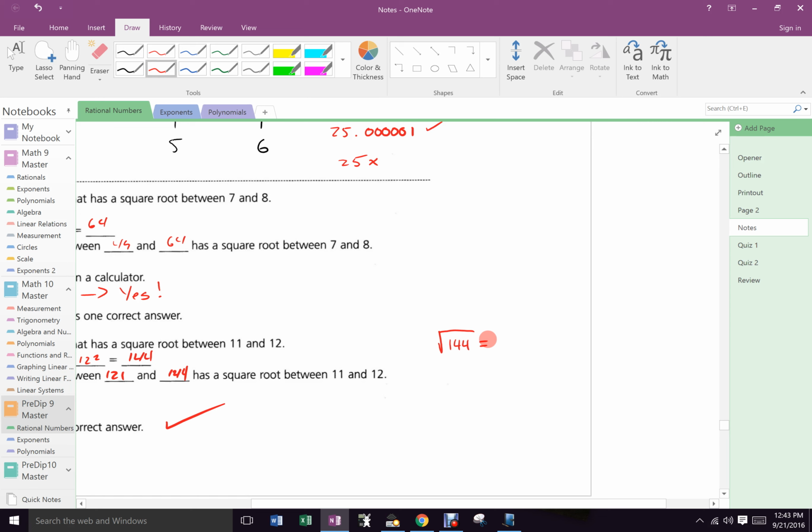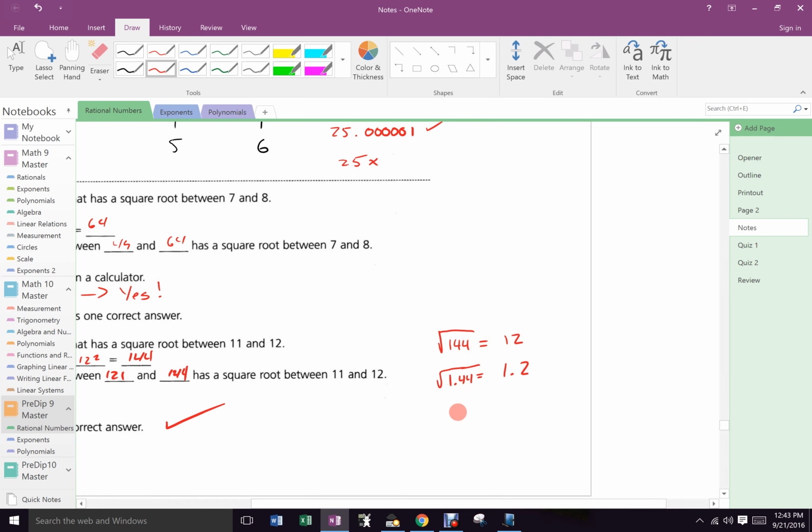What is it? 12. Wonderful. Is there a square root of 1.44? Yes. What is it? 1.2. Everyone agrees?